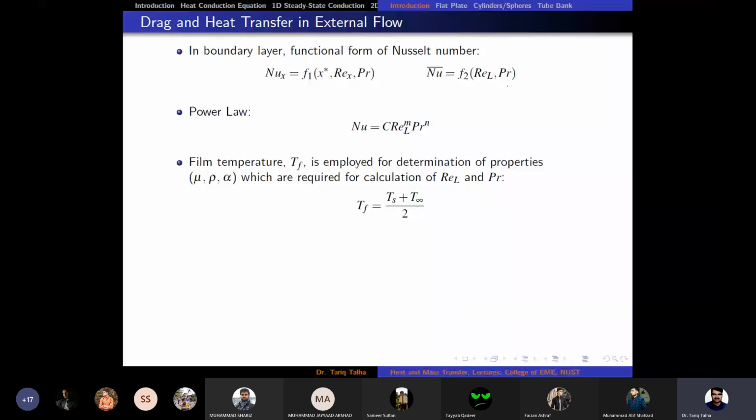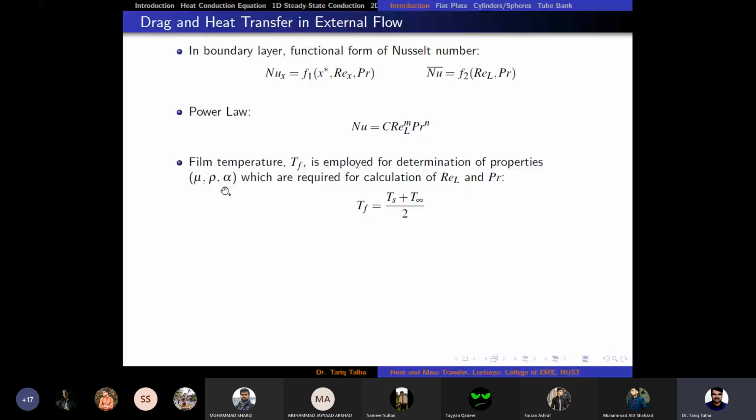Now, in case of convection, we have got two extreme temperatures: the temperature of the body, which is represented by Ts, and the other temperature, T infinity. They are usually quite different, whether we are cooling the solid surface or heating it. So the problem is at which temperature we should get these values of mu, rho, and alpha.